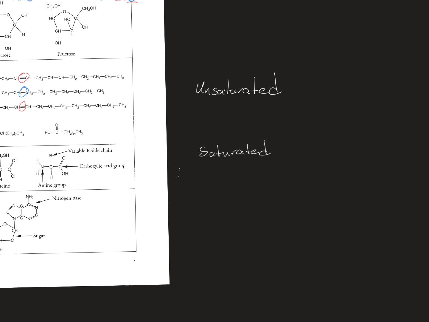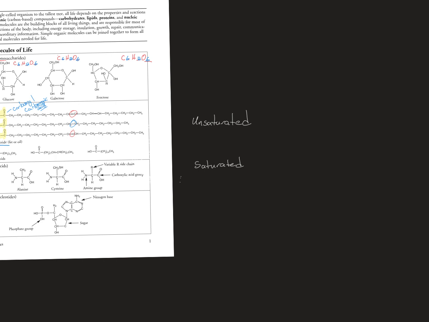When the fatty acid is saturated, that means that all the bonds have a hydrogen. That's what saturated means. They're full. All the carbons have a hydrogen on them. All the bonds have a hydrogen or a carbon or an oxygen.